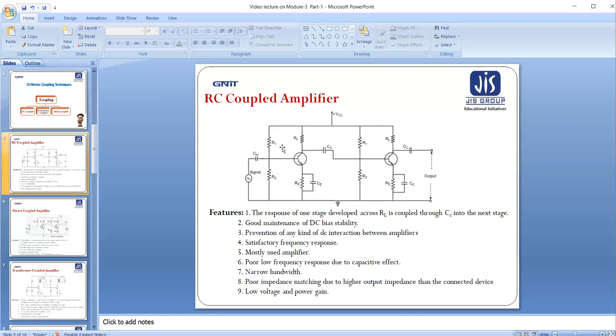This transistor has a fixed Q point depending on this R1, R2, RL, RE.